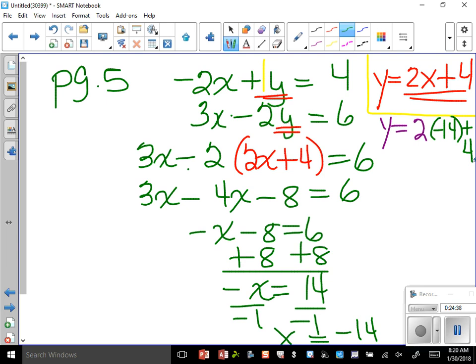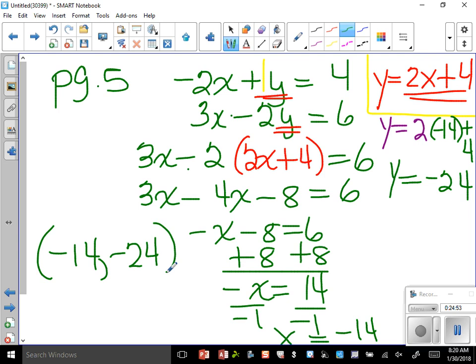What's negative 28 plus 4? Negative 24, is that true? All right, so my solution is negative 14, negative 24. Just make sure you write it as a solution point.